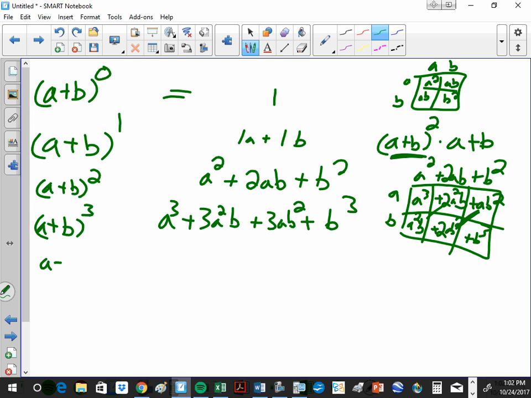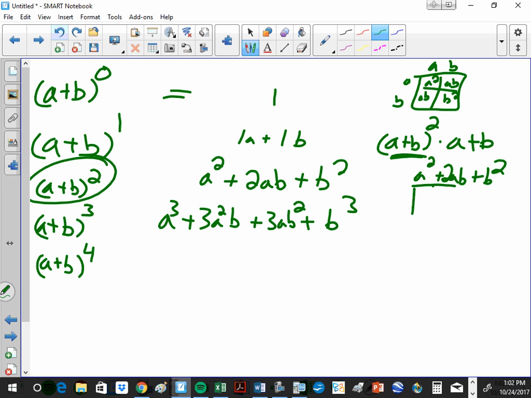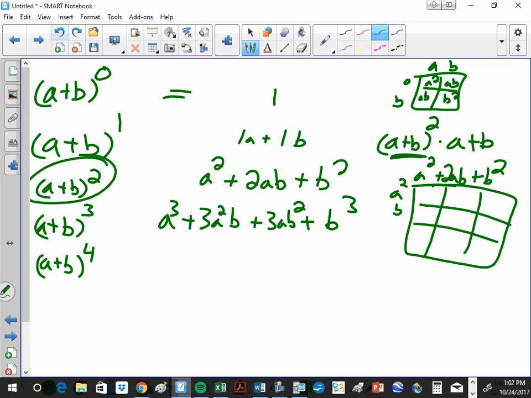What if I had a plus b to the fourth? I could do this times a plus b, but I don't want to. Tiana has a different idea. Why don't I just do this times itself? So if I change this to a 3 by 3 box, a squared, ab, and then b squared.